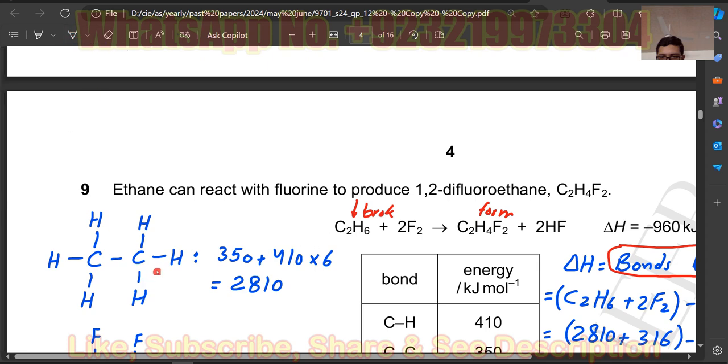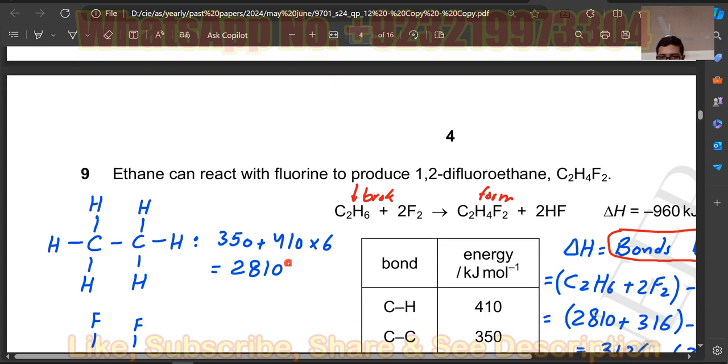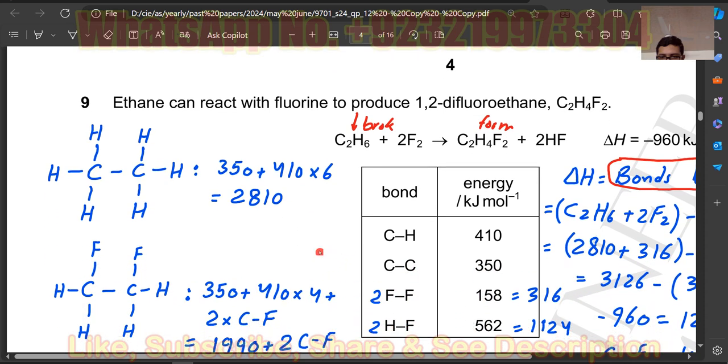Okay, so here the first molecule is ethane. We have to find the bond energy value or the enthalpy value of this whole compound. We can take the values from the table given. I have calculated all the values. 350 belongs to the carbon-carbon bond, and 410 belongs to the carbon-hydrogen bond, 6 times, because there are 6 carbon-hydrogen bonds here. And then the second molecule is the molecule of the product.